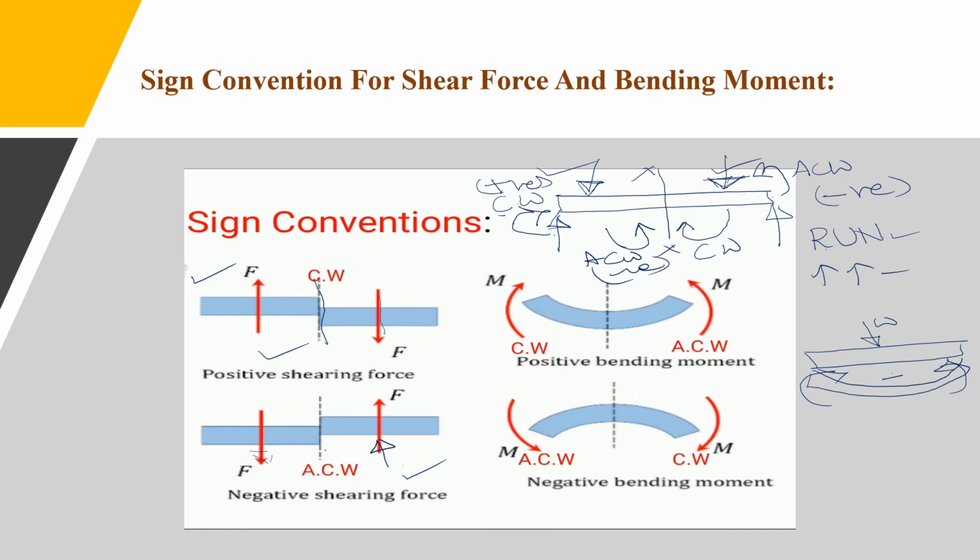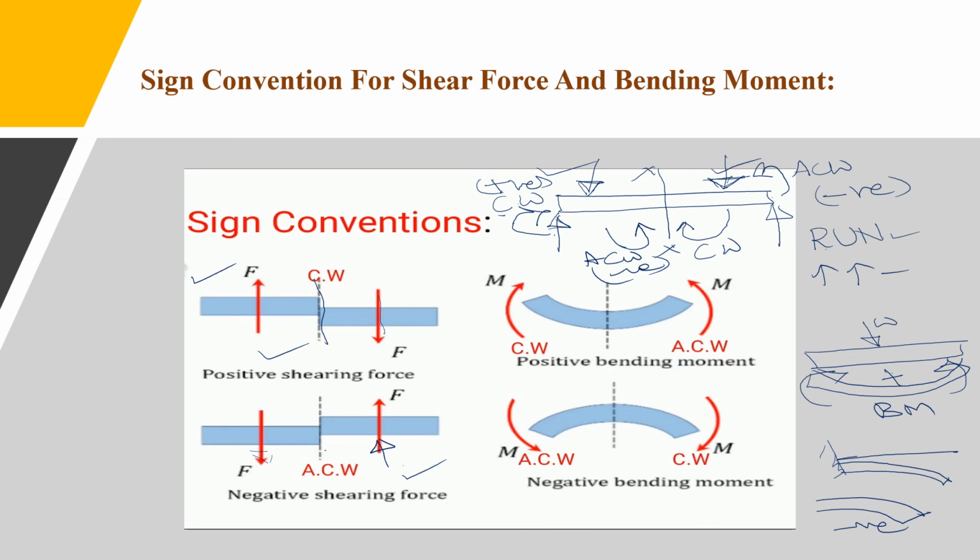This type of bending is called positive bending moment. In some cases, if suppose there is a cantilever, the beam will be bent like this. So here the bending is in this direction. This type of bending is negative bending.